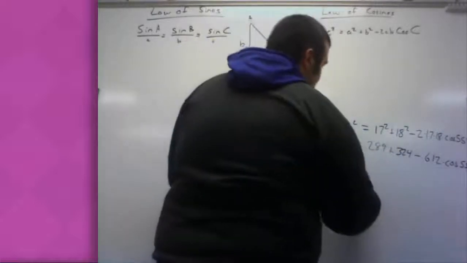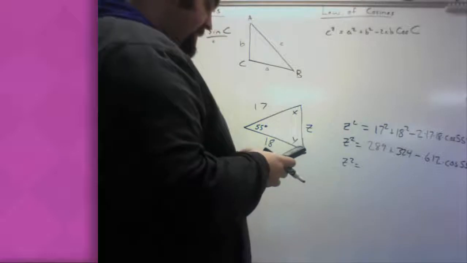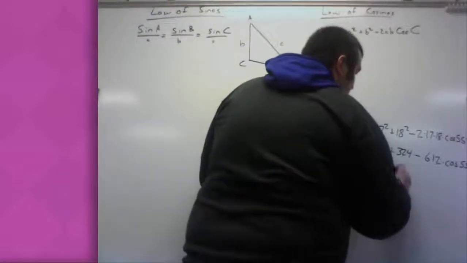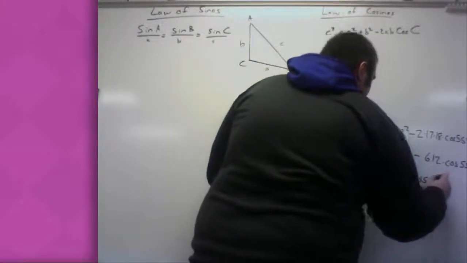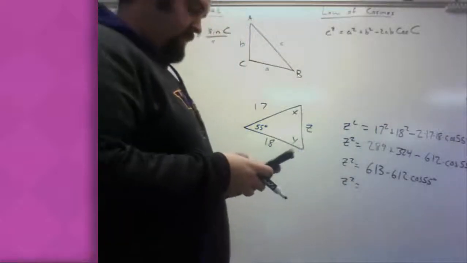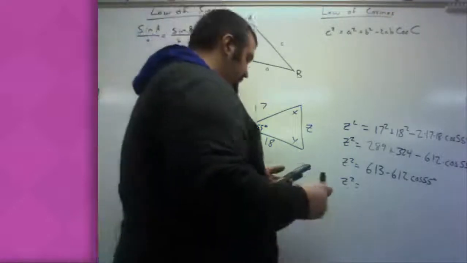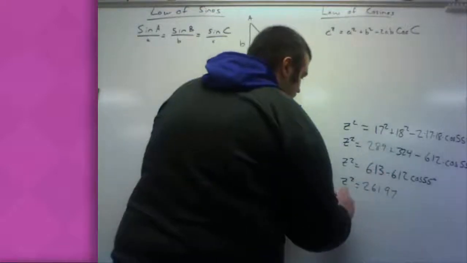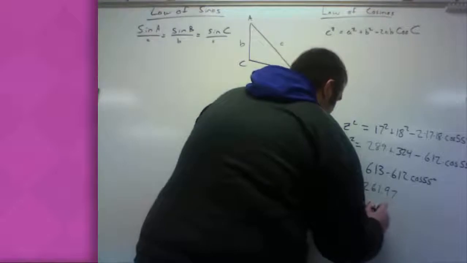Add these two together, Z squared equals 289 plus 324, 613, minus 612 cosine of 55 degrees. And at this point, I just carefully entered in my calculator. Z squared equals 613 minus 612 times the cosine of 55, close parenthesis, 261.97. Take the square root. Z equals 16.18.